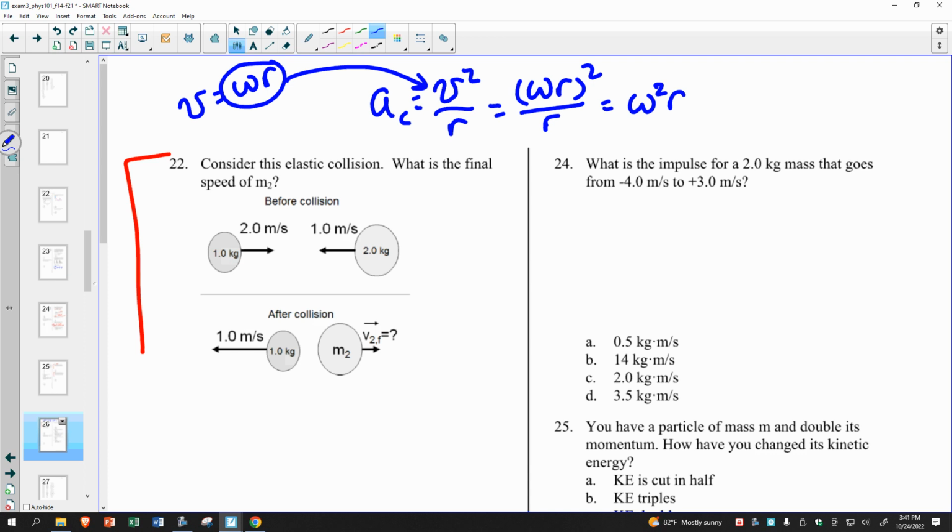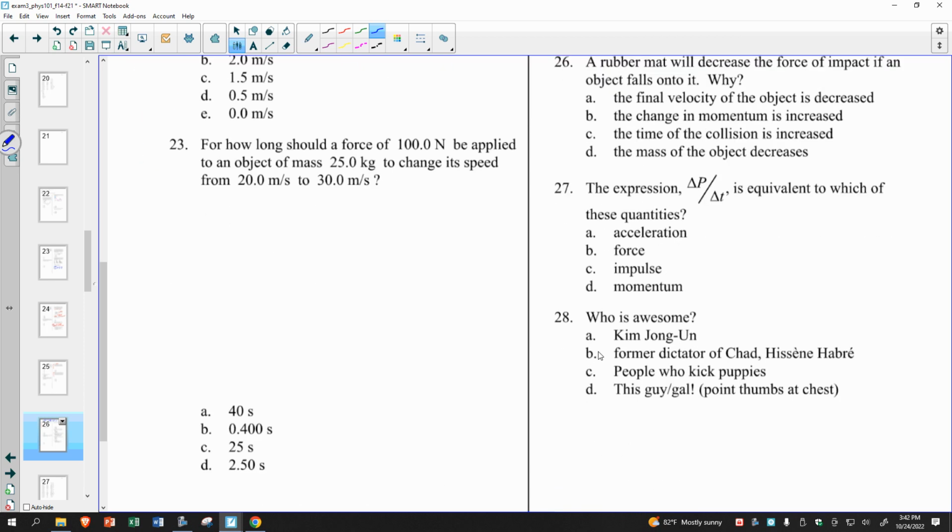Now, if I give you omega, you can always convert it back to v or calculate the linear velocity and get this value that you need to calculate the centripetal acceleration. But it's easier just to use this other equation and to think about how a_c, the centripetal acceleration, relates to the angular velocity omega. Okay? Good question.